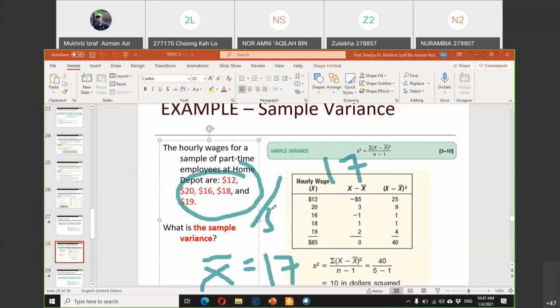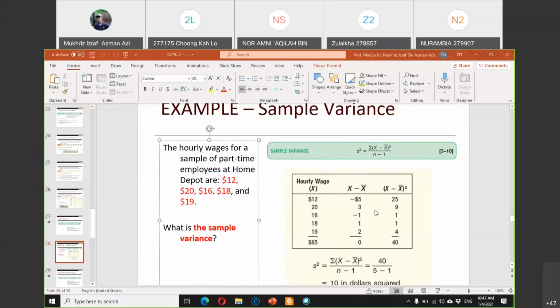That's how you get x bar equal to 17, though it is not shown here. Then you repeat the process similar to population variance: you take the square of the deviations, and then sum everything, which is the numerator part of the formula, the summation of the deviations squared. You get 40.